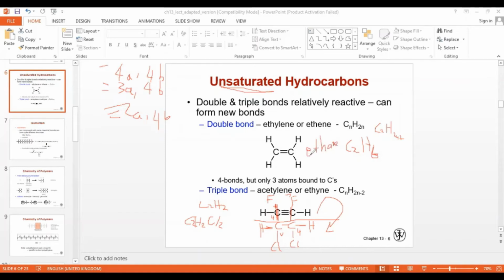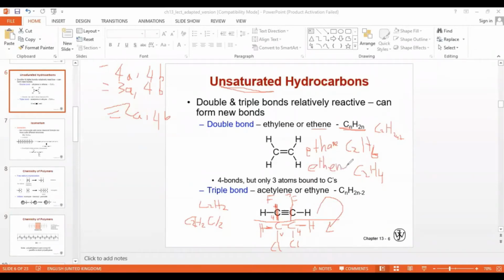All right. And I have the other compound C2H4, that is this one. So this has a formula of CnH2n, right? This is known as ethylene or ethene. It is easy to compare if I write it as ethene.